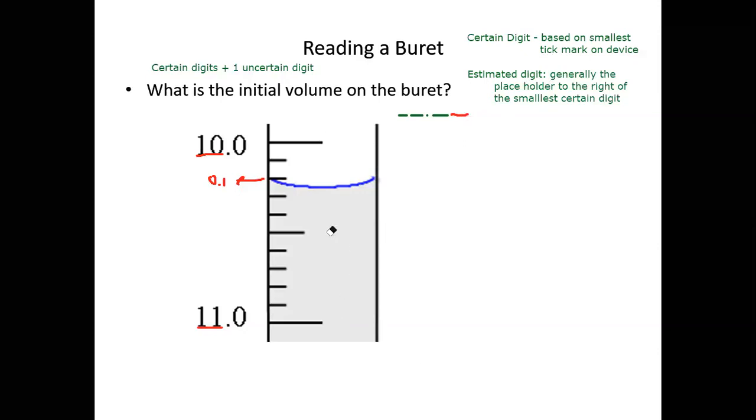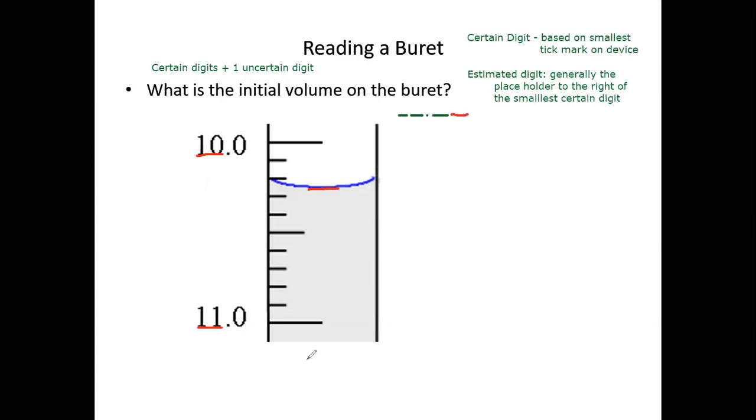And that's a very common mistake students make, forgetting to include the estimated digit. Now when you're reading volume from glassware, you'll see it forms a curved surface, which is referred to as a meniscus. And so you always want to read it at the minimum of the meniscus. That's where you record the volume of the liquid.